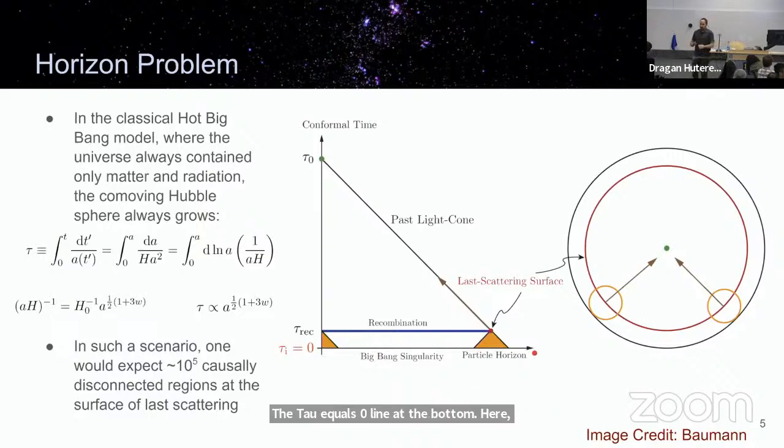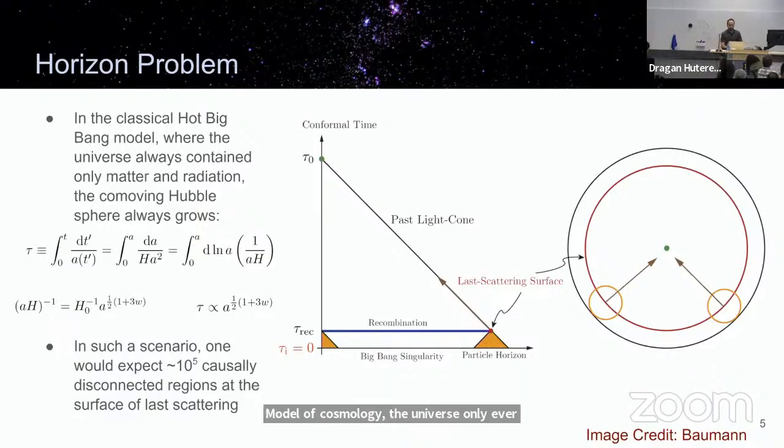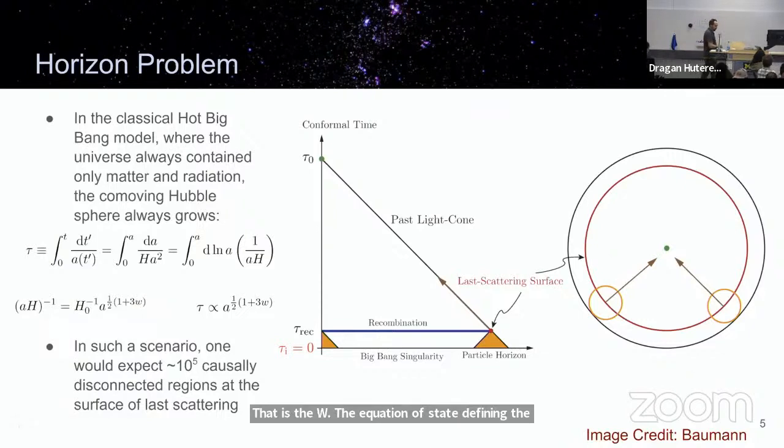Now, in the classical hot Big Bang model, the universe only ever contained ordinary matter and radiation. That is, the w, the equation of state defining the universe, was always greater than or equal to 0. And in such a scenario, the Hubble sphere is always growing, and the Hubble sphere is then proportional to the size of the horizon.